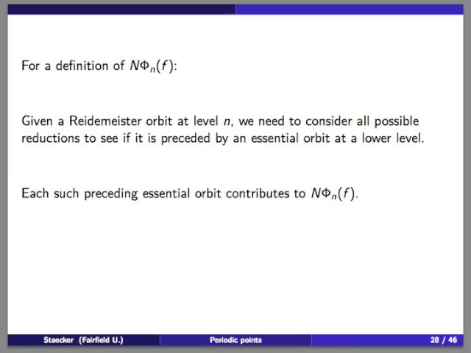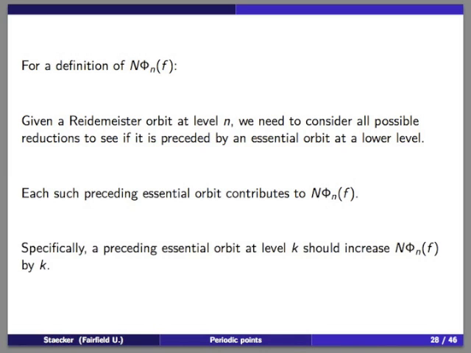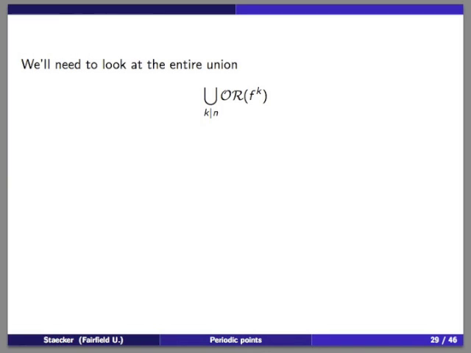Because each such preceding orbit should contribute to NΦn. Specifically, if you have a preceding essential orbit at level k, you should increase NΦn by k. That's because this would represent k more fixed points. All right. K more periodic points. Okay, so let's get a little specific about this.